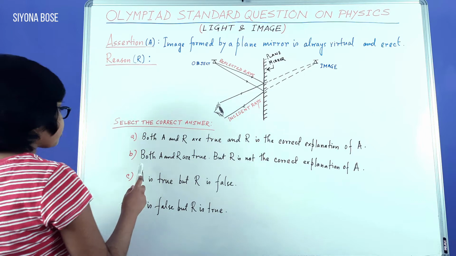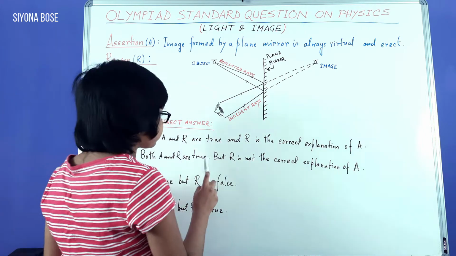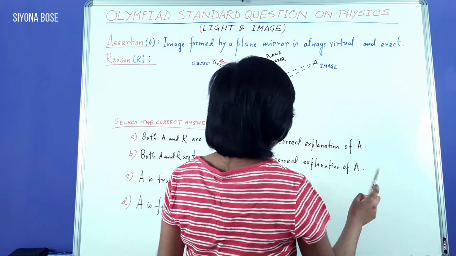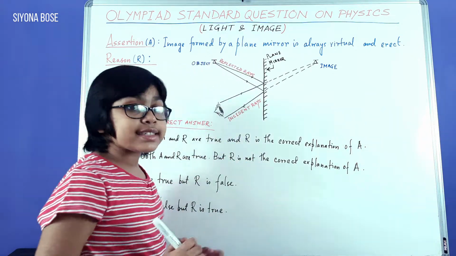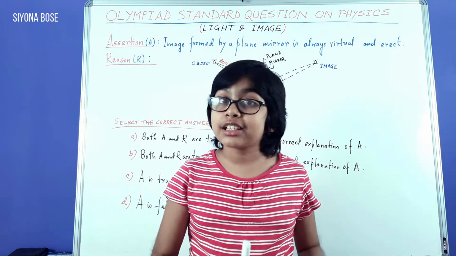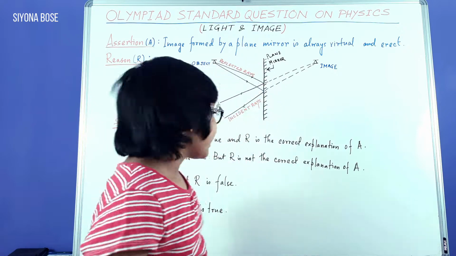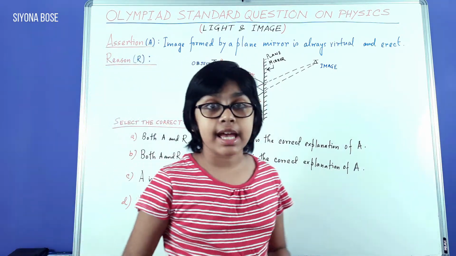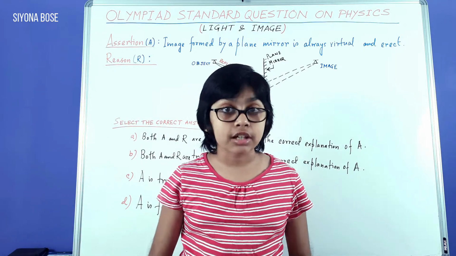In the second option, both A and R are true, but R is not the correct explanation of A. Here A and R are each true, but R is not related to A, or its explanation is not correct.